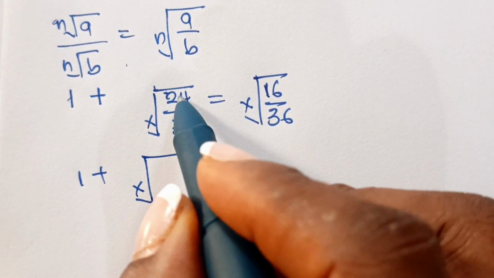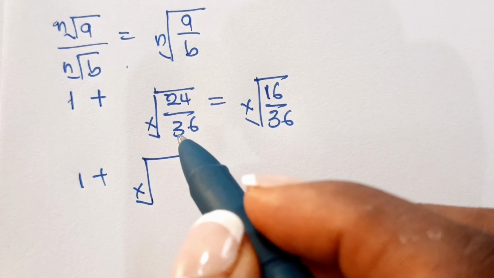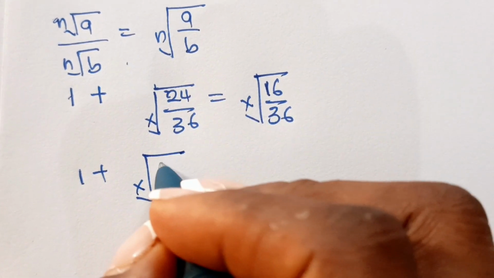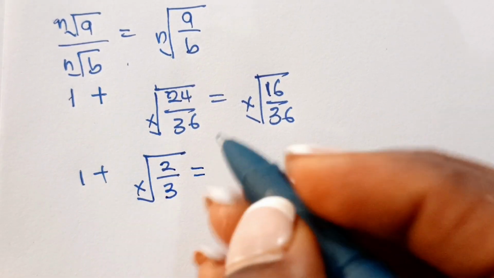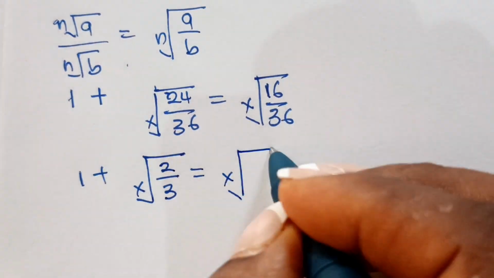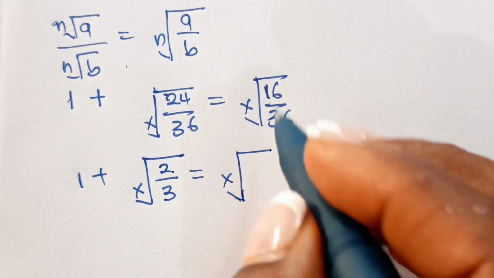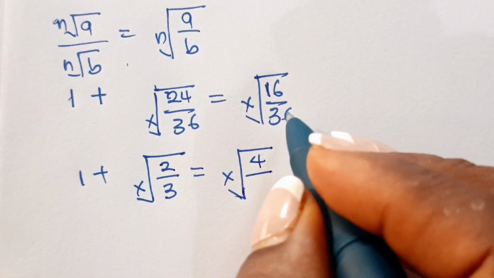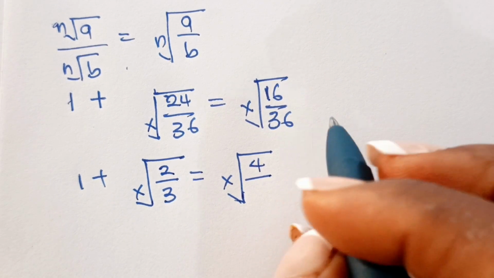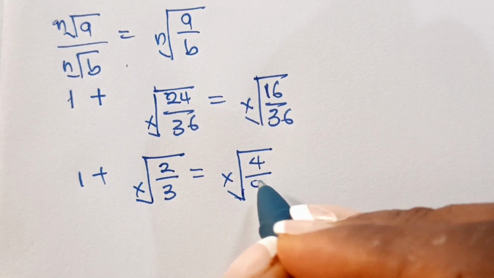The highest common factor of 24 and 36 is 12. 24 divided by 12 is 2. 36 divided by 12 is 3. This is equal to the x root of 16 over 36, and the highest common factor of 16 and 36 is 4. 16 divided by 4 is 4. 36 divided by 4 will give us 9.